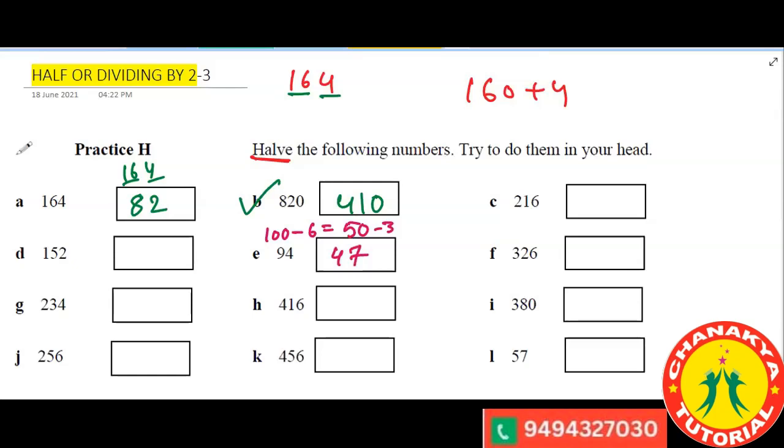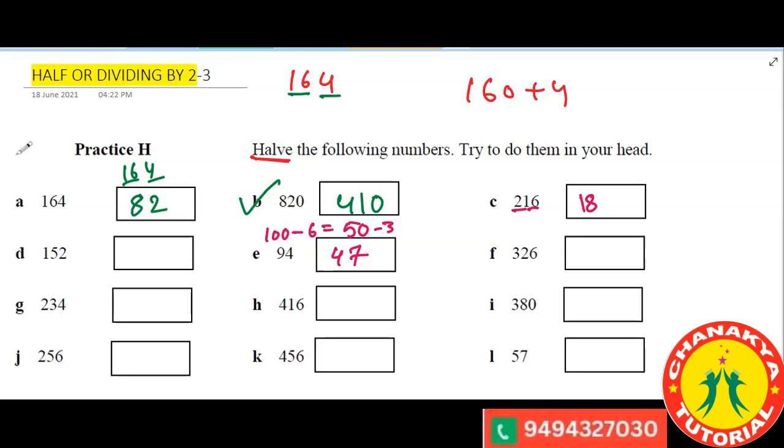Then Jitendra, C, sir. So, 2 divided by 2 is 1, sir. 16 by 2 is 8, sir. We can write it as 08.